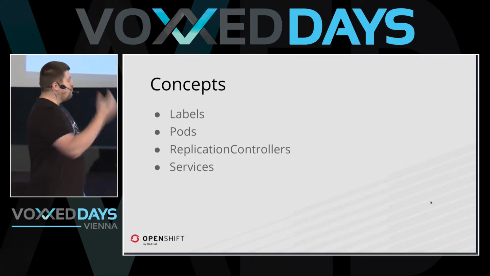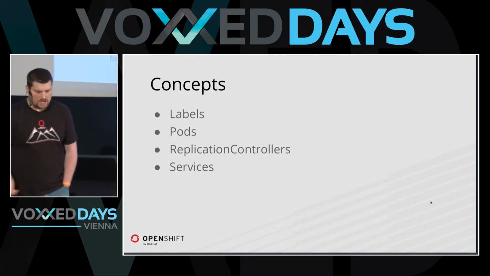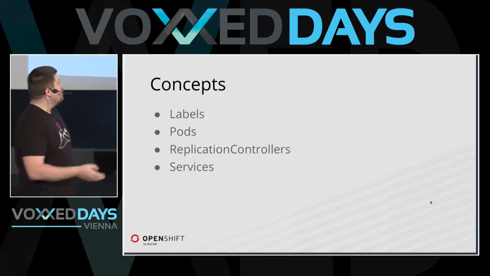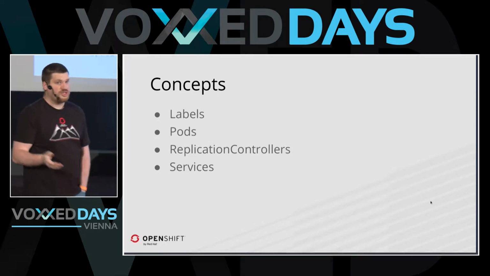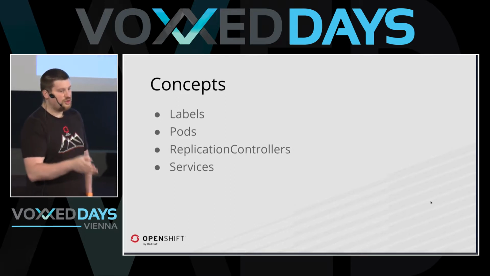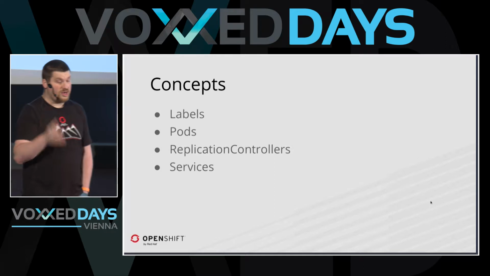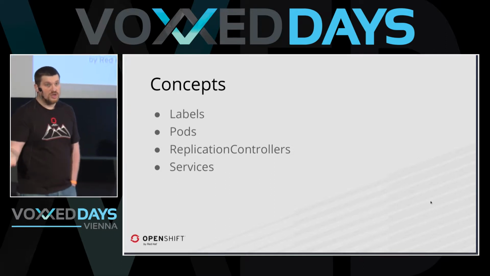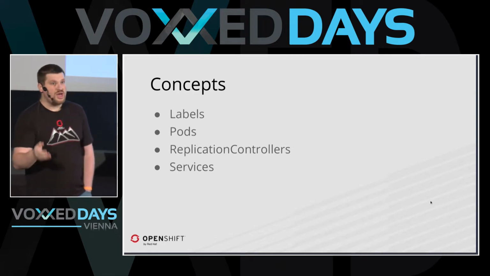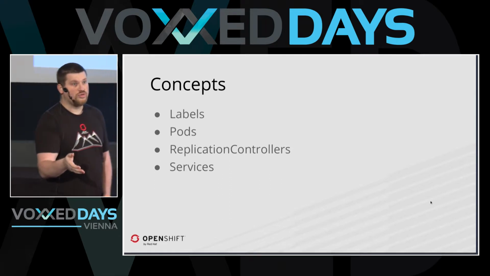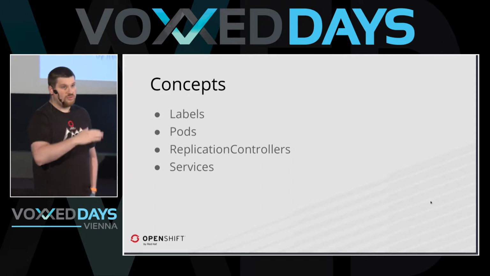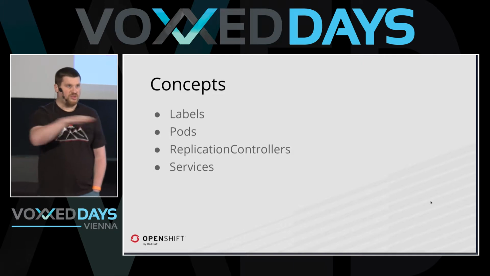So if my pod has a label app equals workshopper, for example, and I have a replication controller that says there should be one replica of a pod that has the label app equals workshopper, and my container dies, my pod goes down, so there are 0 containers with that label. It will spin up a new container to keep it at the level of replicas 1.